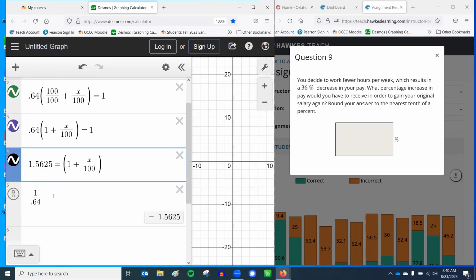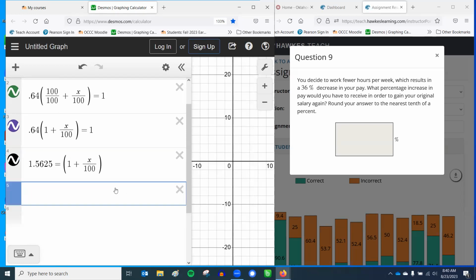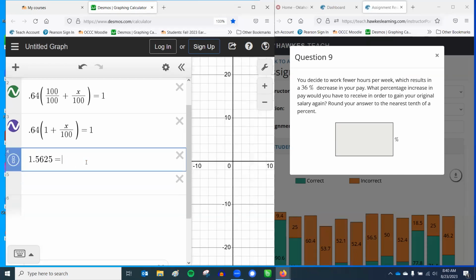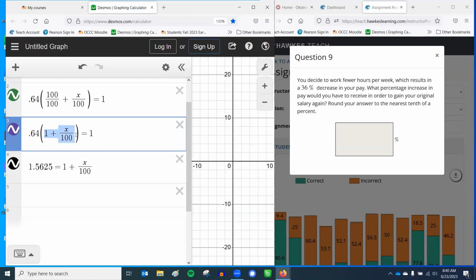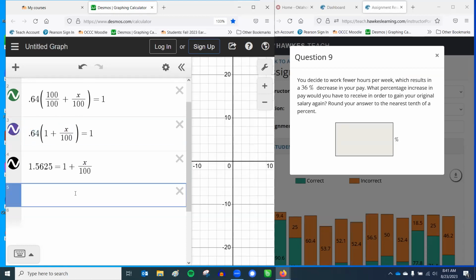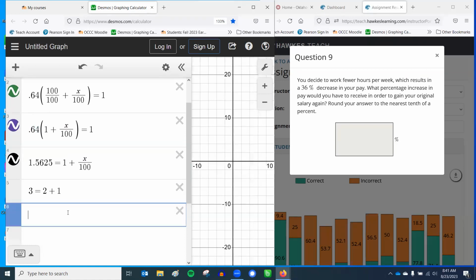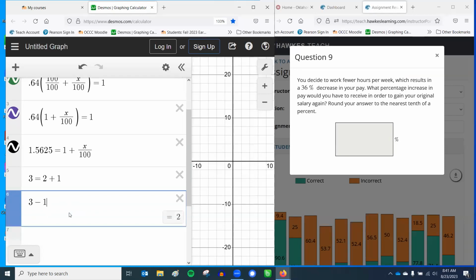that. Okay. Now the same rule that works with times works with plus as well, right? And since this is not multiplying by anything anymore, I don't need the parentheses. The parentheses are just there to say, hey, we're multiplying this whole thing by 0.64. The plus rule says that if you have 3 equals 2 plus 1, you can rewrite that as 3 minus 2 equals 1, or 3 minus 1 equals 2, right?